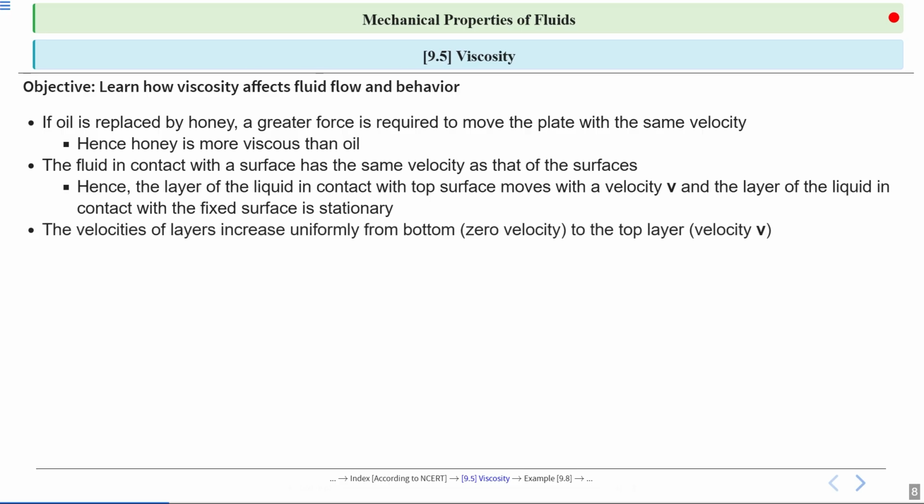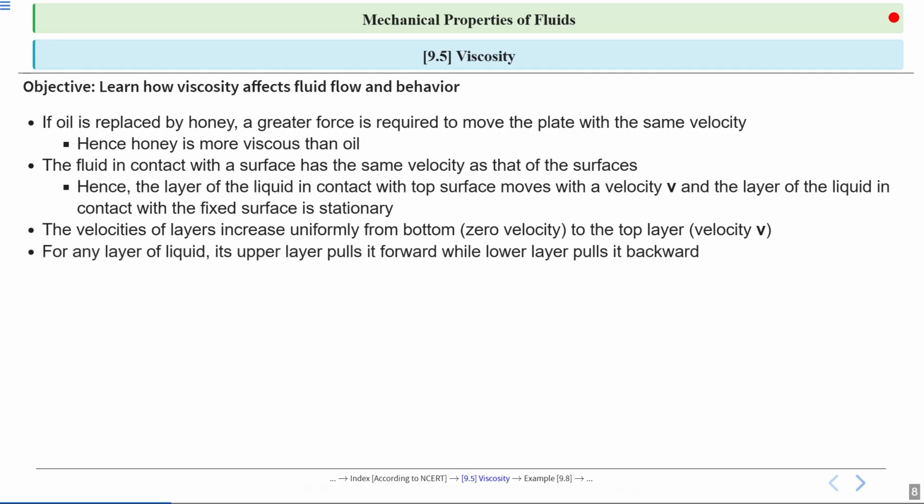If we look at all the layers in between, their velocity increases evenly from 0 at the bottom to v at the top. This means each layer moves a bit faster than the one below it. This gradual change in velocity across the fluid is a key feature of viscous flow.